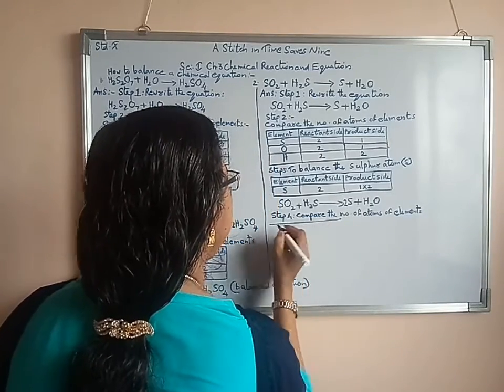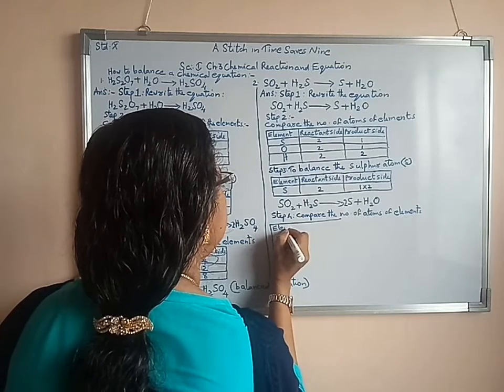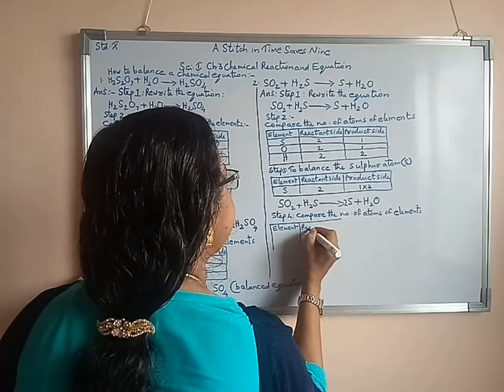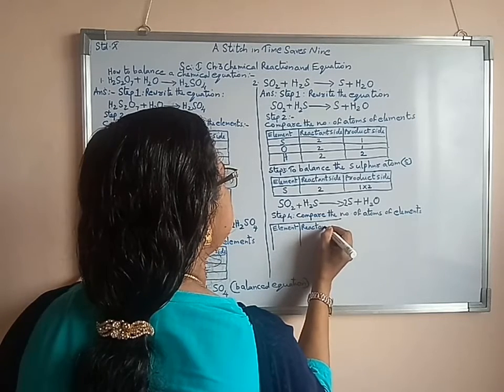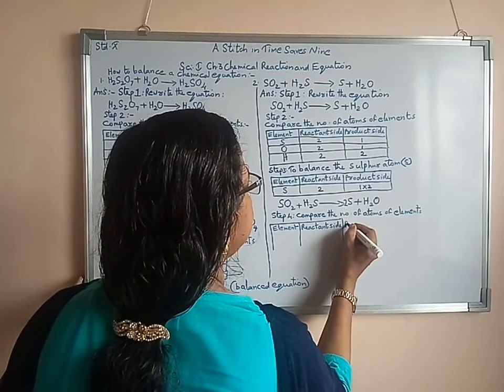Again we have to make the table. Element, reactant side, product side.